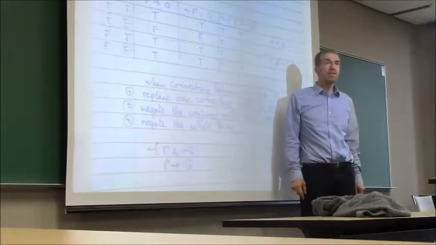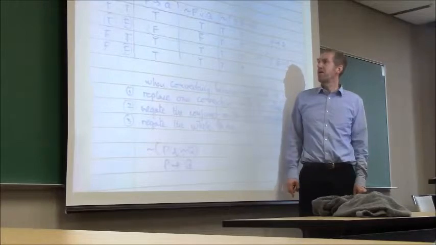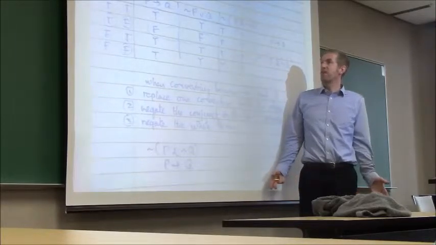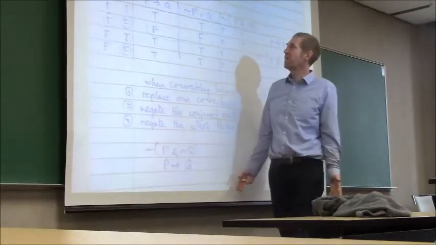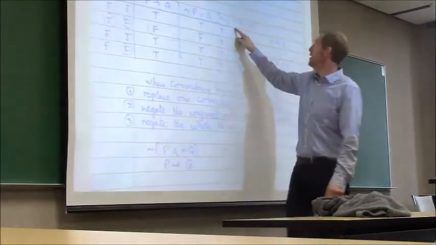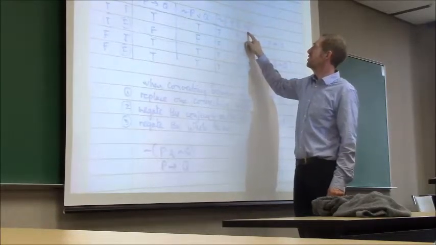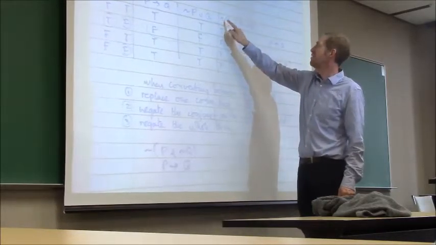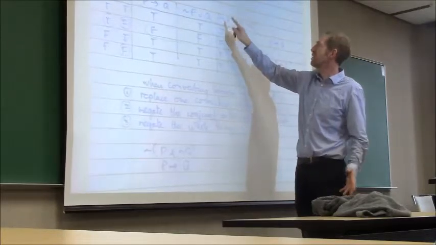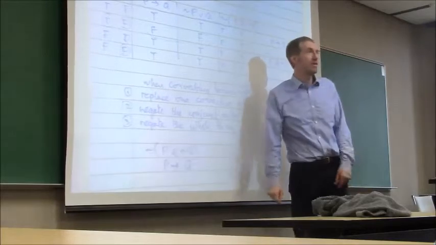Since Q is a necessary condition for P, you can't have P and not Q. That's right. That's true. Which is another way of saying, if you think of the truth table for the conditional, what is the only time that it's false? When P is true and Q is false. So the conditional is not that. It is not. So a conditional is true when it is not the case that P is true and Q is false. That's when a conditional is true.